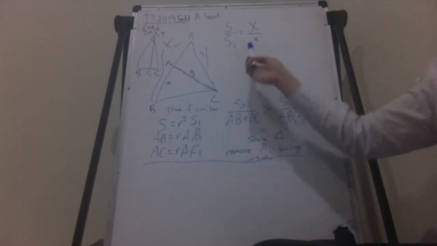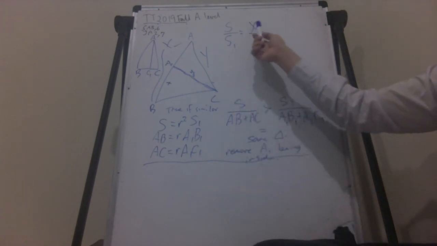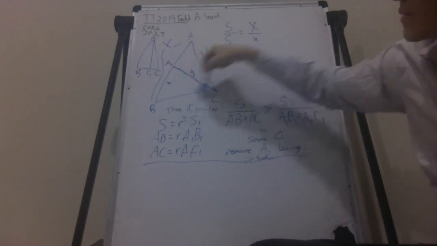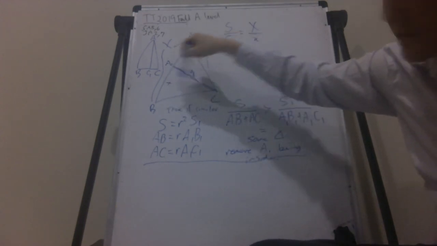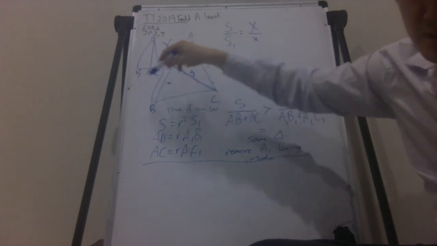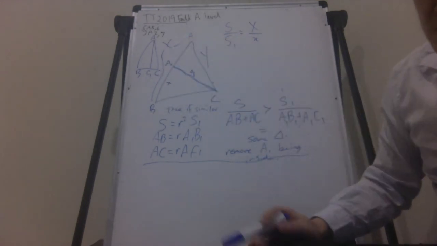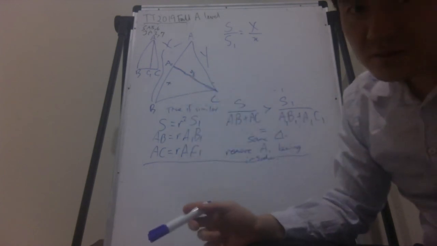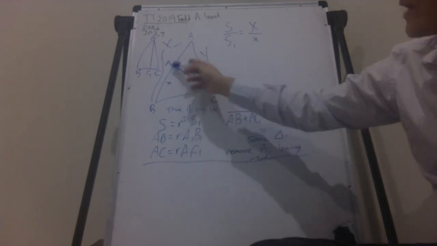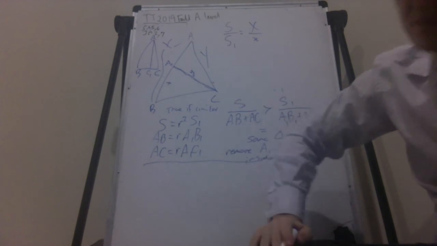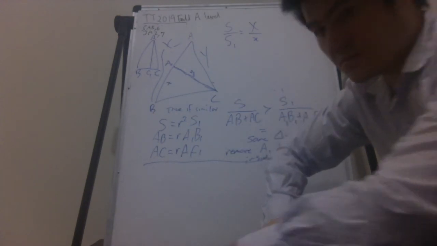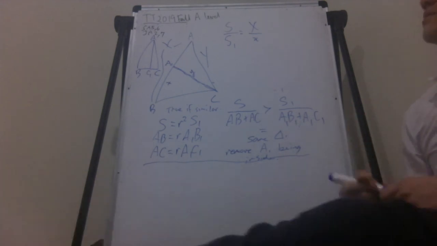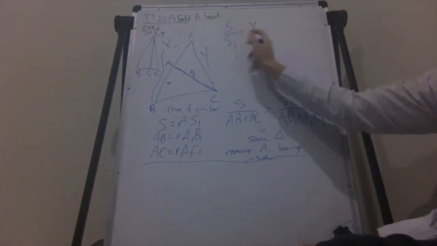Okay, so can you see that x on X is the ratio of the areas? Because if this is the same side, they have the same height from this base, that means the base determines the area. So the ratio is just the ratio of the bases.